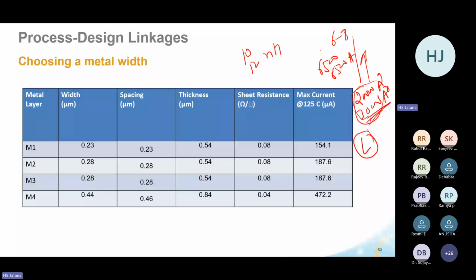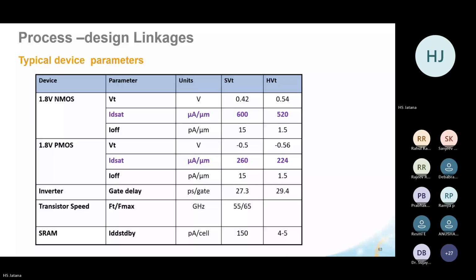And these are the broader specifications: what kind of width will be there, the minimum width of a metal line, and the spacing between two lines. If two lines are going, there is a specification between the minimum width and this spacing from the process point of view, from the litho point of view. So these are those specifications.